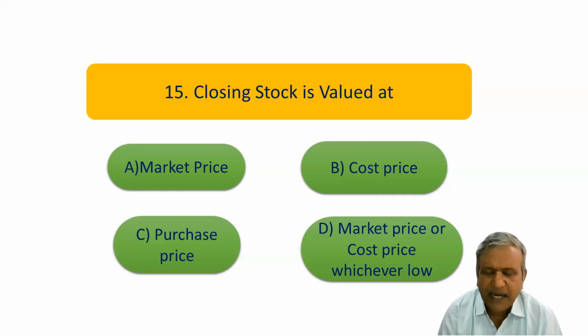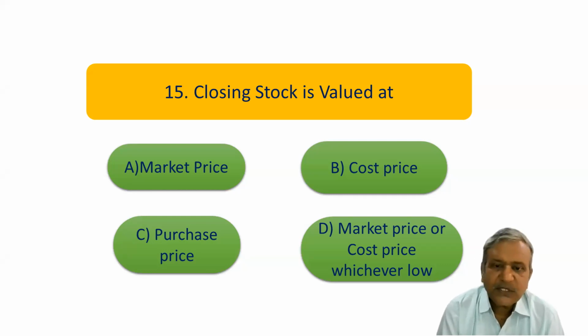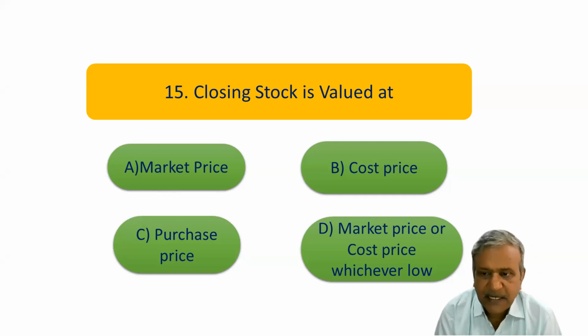It is in a sealed pack, I have not opened it. It is an old Diner TV. If I put it in the market, how much do I get? Do I get 10,000? Do I get 5,000? Or do I get zero? I get zero. Nobody will buy.